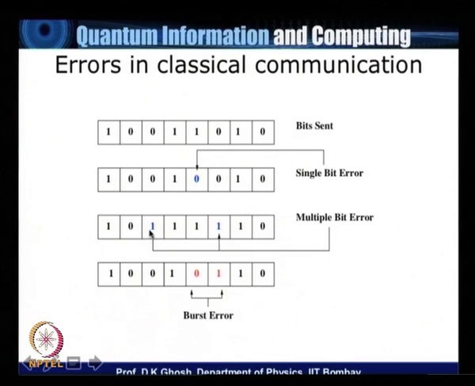The only thing that I emphasize is these two errors are in different places, they are not adjacent, and I would call such a thing a multiple bit error. The third type of error that occurs in classical communication is the error where consecutive bits are corrupted. So for instance, in this case the 5th and the 6th, the 1 has become a 0 and the 0 has become a 1, and this is called a burst error.